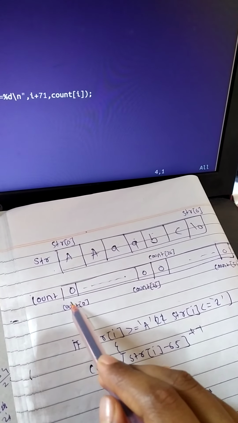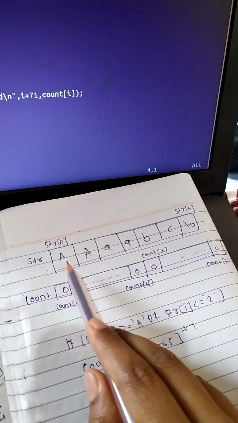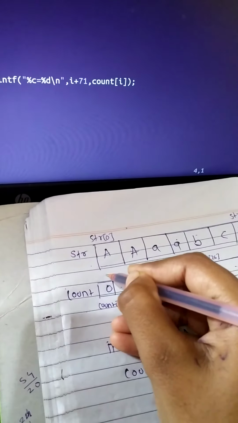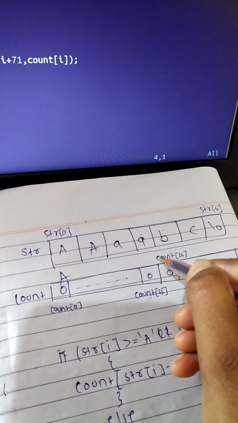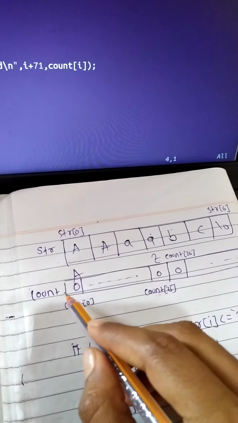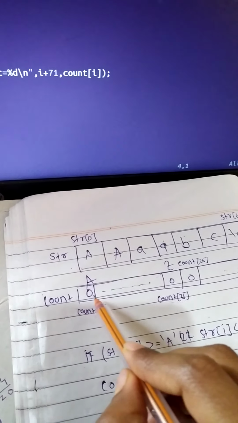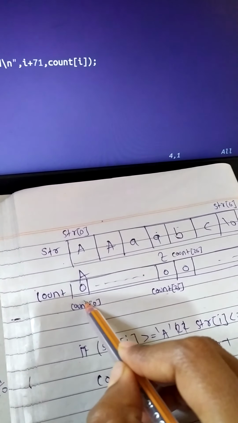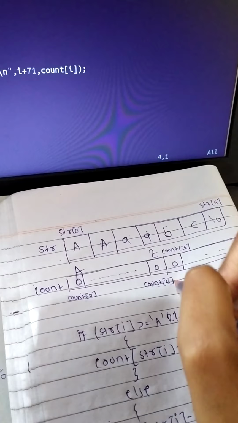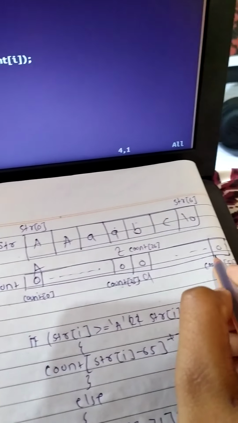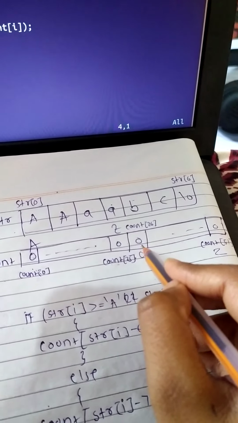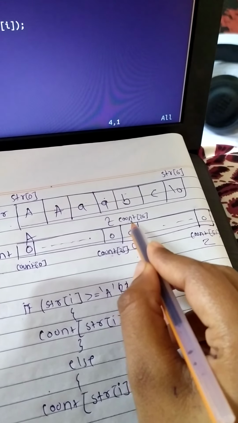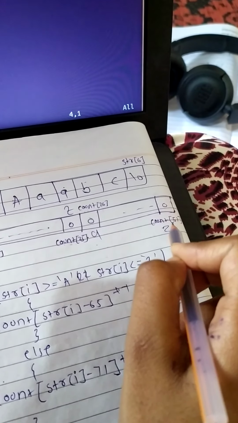I divided this array: indexes 0 to 25 are for the count of the capital alphabets from capital A to capital Z, meaning the occurrence of each capital alphabet. I count this occurrence and put this count in index 0 to 25. After that, for small a to small z, I store the count of the small alphabets in count index 26 to 51.